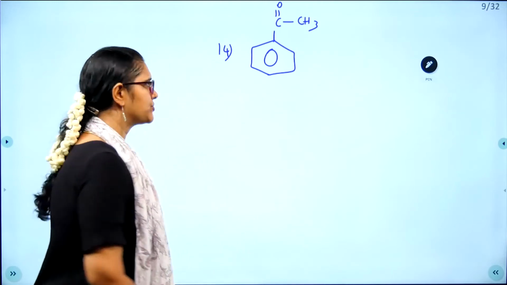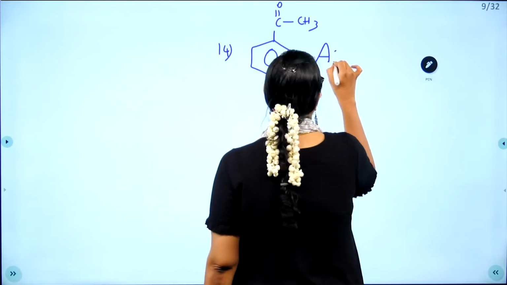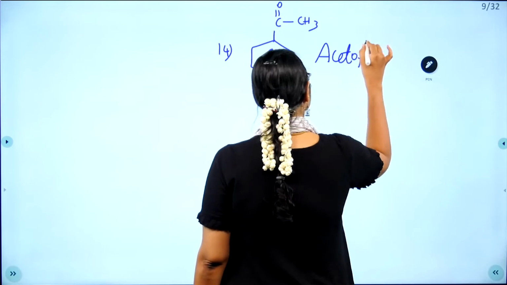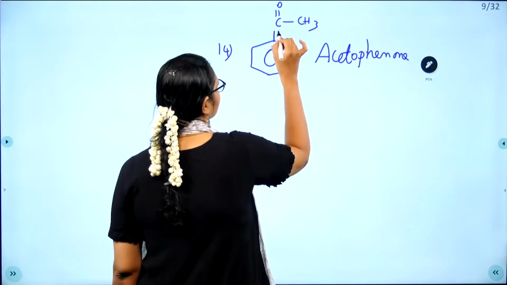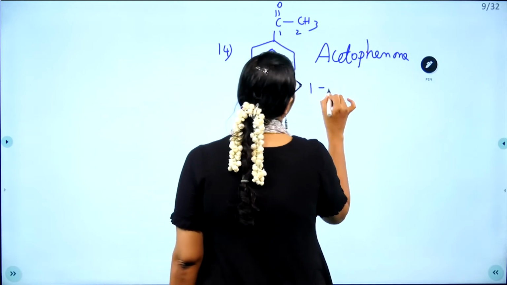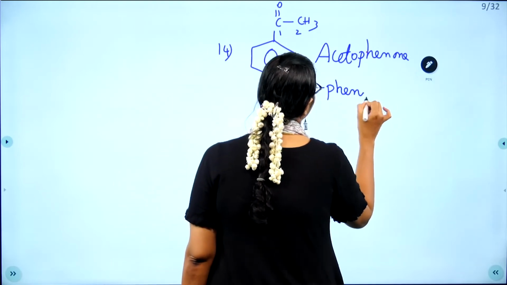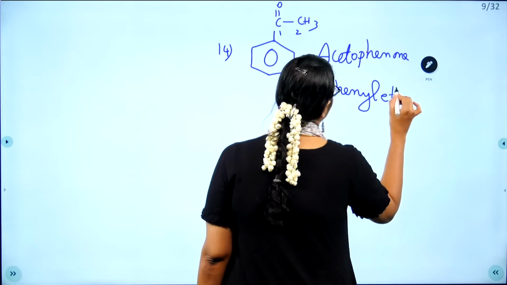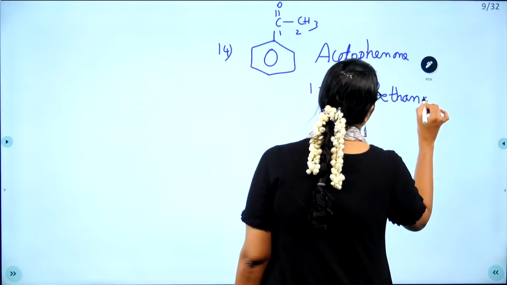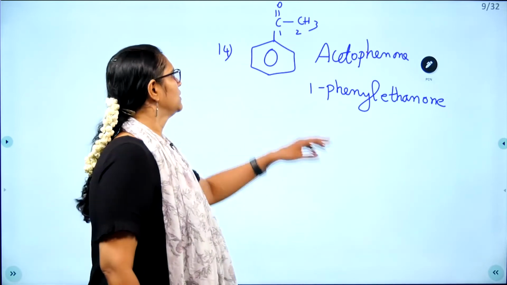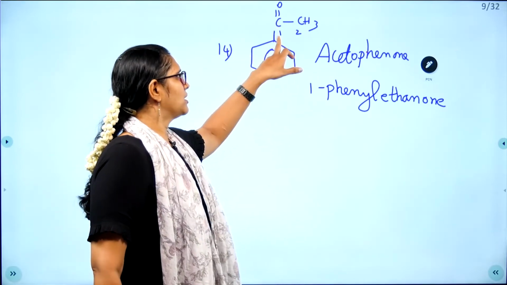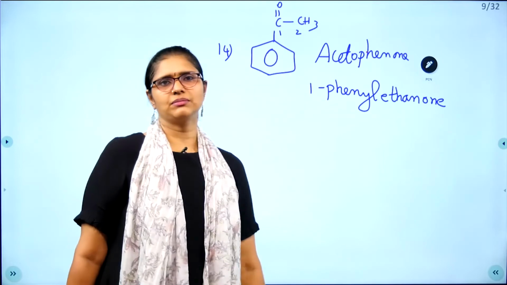So here actually acetophenone is the common name accepted as IUPAC, but what will be the proper naming? 1, 2. So 1-phenyl ethanone, okay, 1-phenyl ethanone. First carbon atom you have a benzene ring which is nothing but phenyl, okay.